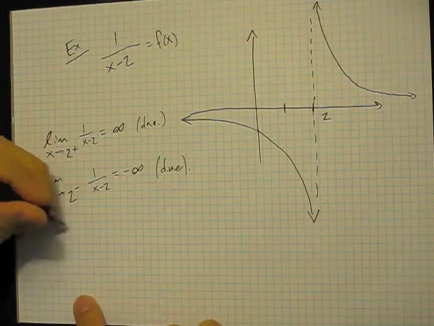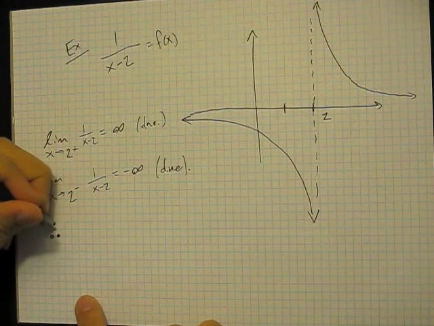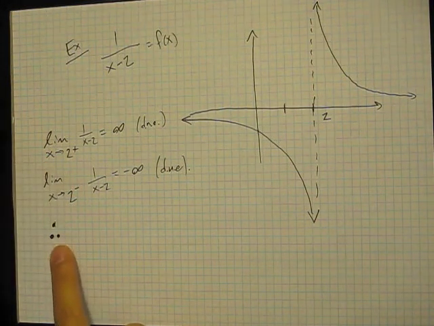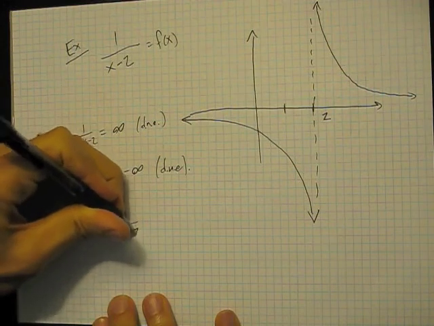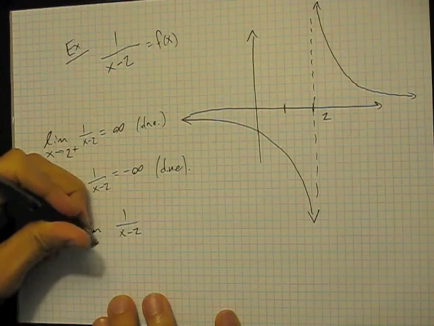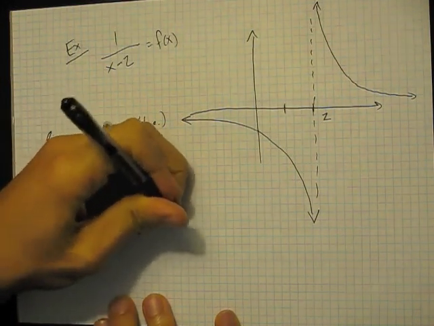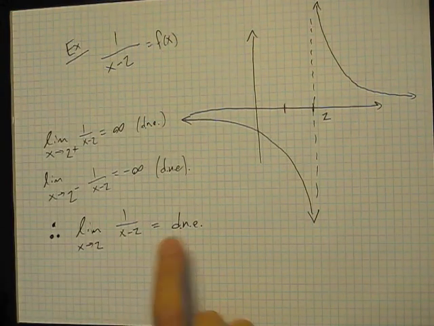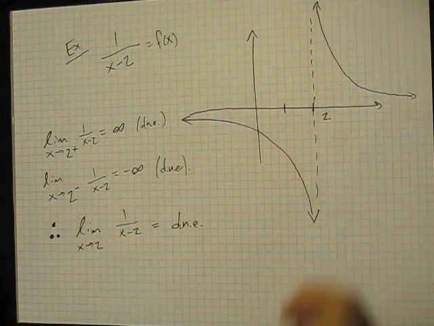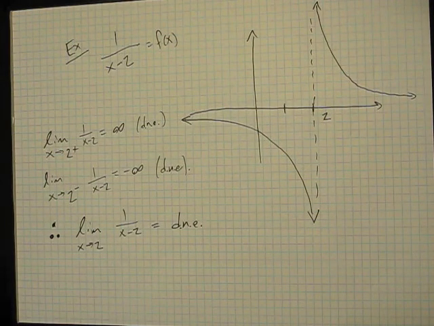Now, because of this, therefore, you'll remember the three dot symbol means therefore. The limit of this function as x goes to 2 does not exist. The reason it does not exist is because there's not an agreement of the trends at these. Very good. That's the end of section 1.1.